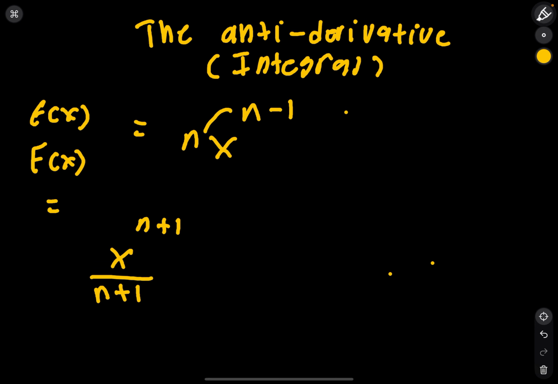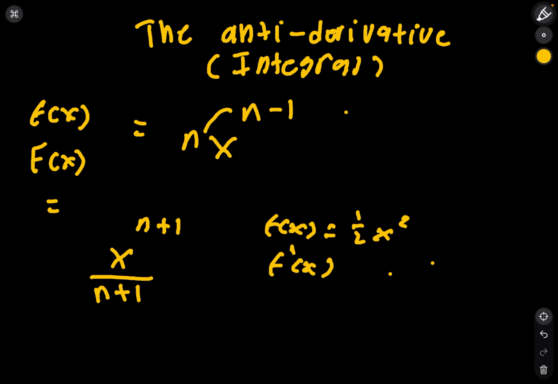So let's say we had f of x equal to 1/2 x squared. If we were to find f prime of x, we would bring down the 2 and then subtract by 1. So your derivative would just be x.